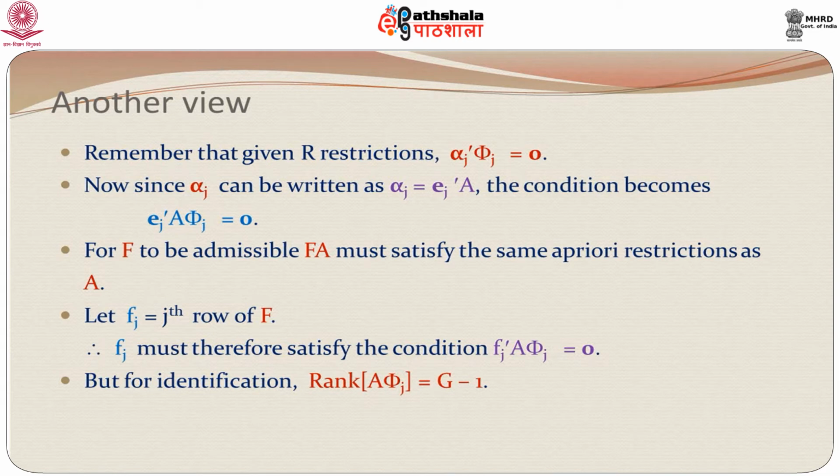So, F j must also be orthogonal to it, but as the rank says, there can be only one orthogonal vector for A phi j. So, in that case, obviously F j must be some scalar multiple of E j, and that is what we had been looking at previously from a different angle, so that the jth equation is identified if the jth row is a scalar multiple of the unit vector.